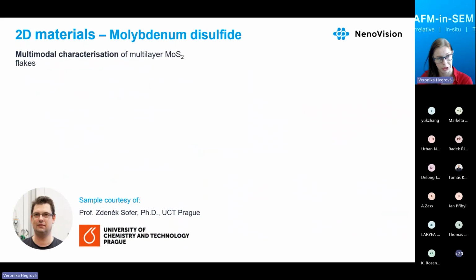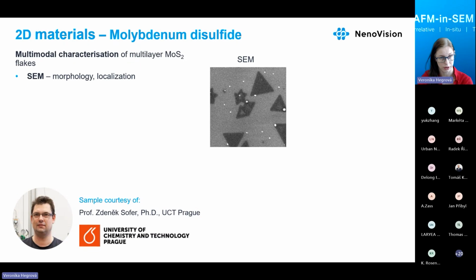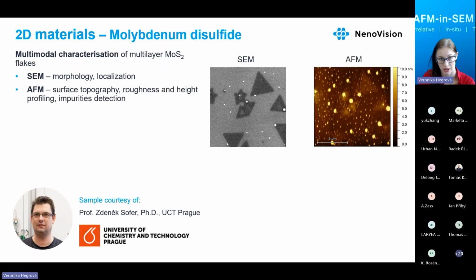Similarly, for two-dimensional materials, we measured molybdenum disulfide flakes of differently grown samples. SEM partially shows us the morphology and is used for localization.